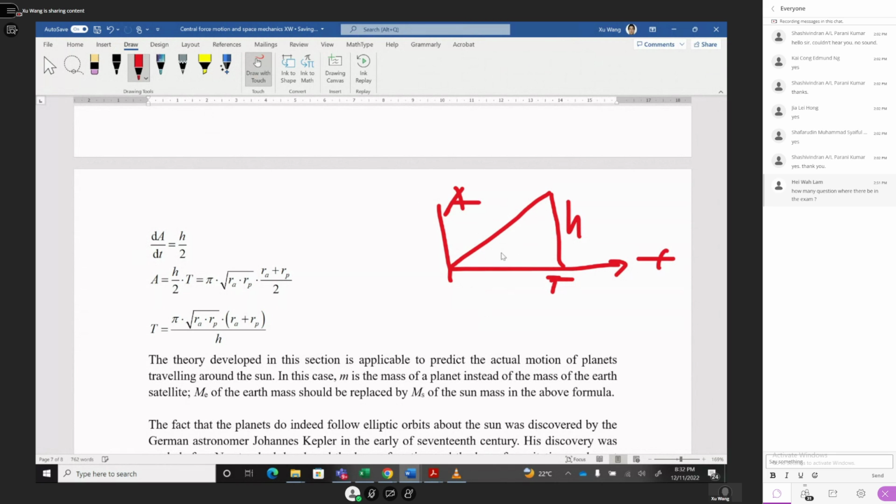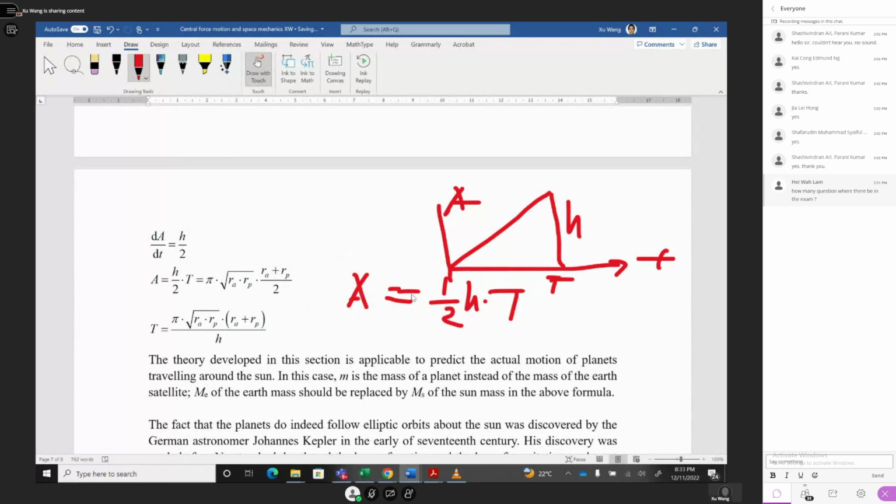So this integration is the area. Integrating gives A, and the area should be h multiplied by the height divided by 2. That's your area, which is A. And this area is this curve. So the ellipse area versus time has a linear relationship with a constant slope. At the end, t should be h, which is why h times t divided by 2 equals this area.